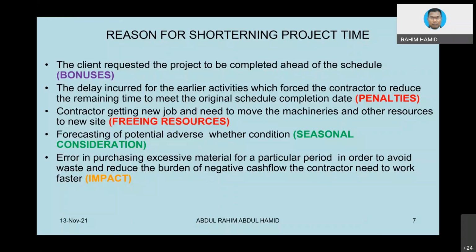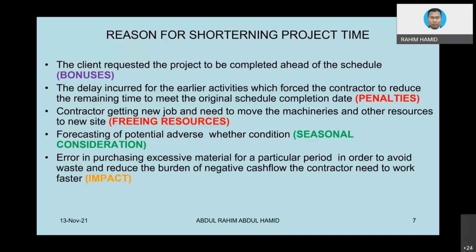If, for instance, you are building a hotel, and the hotel is already completed, then you can start operating the hotel and generate income already. So as a bonus to the contractor, you can share the potential profit that you are going to gain in order to make the contractor work much faster. That would be one possibility.